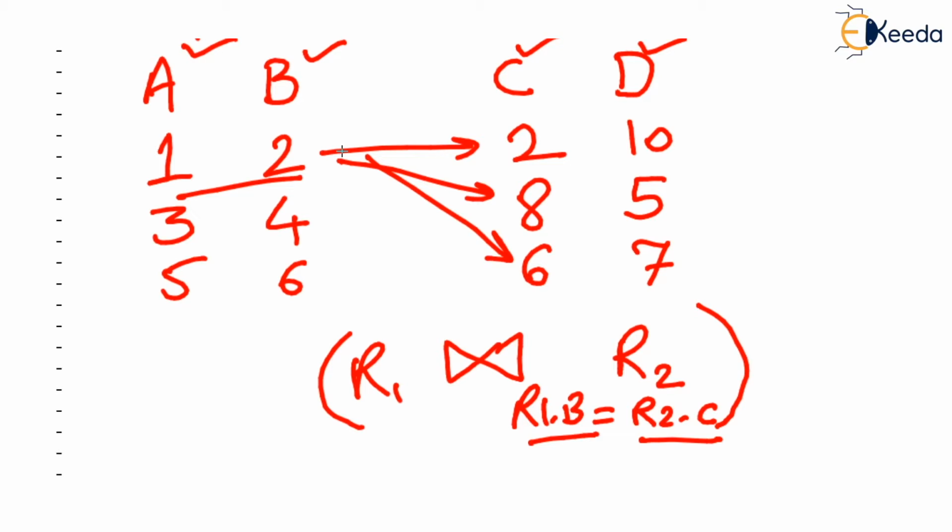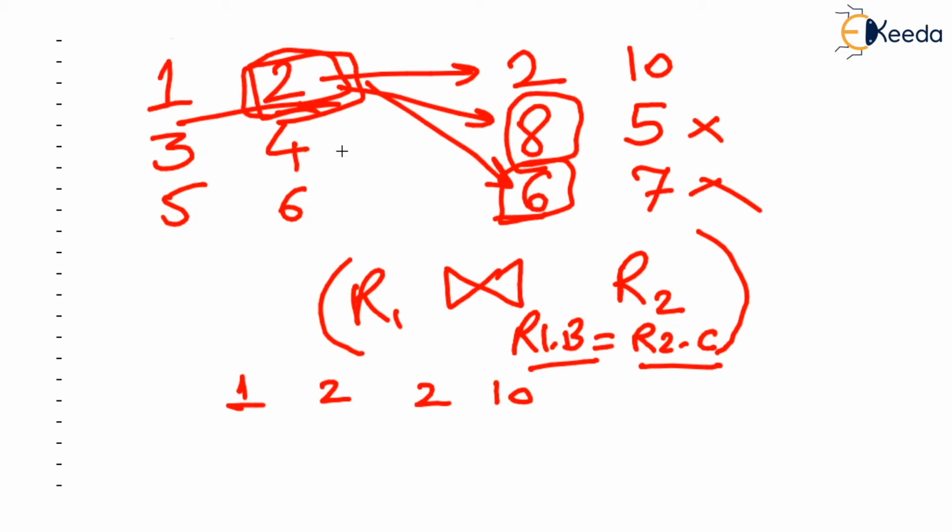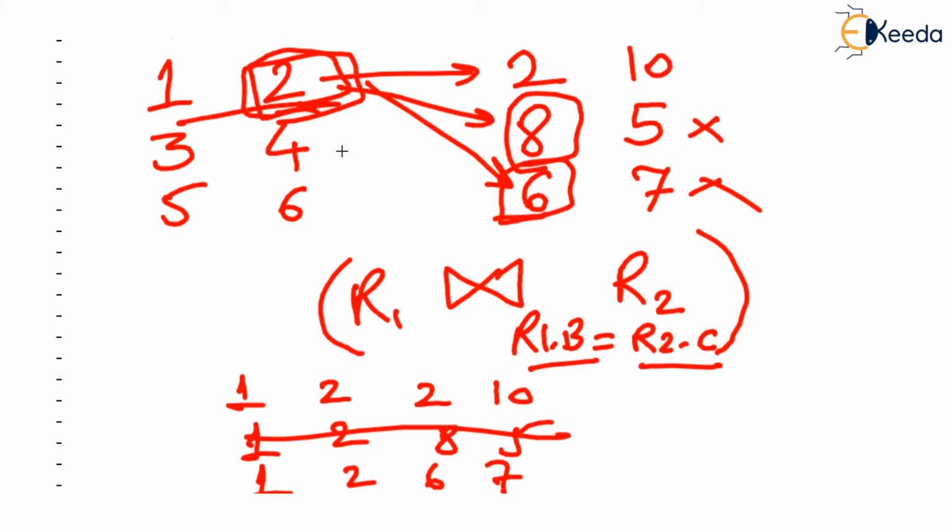But we are interested only in those rows where B is equal to C. So the first row selected will be 1, 2, 2, 10. But observe this 2 is not equal to 8, C, and this 2 is not equal to 6. So these two rows won't be shown along with 1, 2. So basically, 1, 2, 8, 5 does not participate, and 1, 2, 6, 7 does not participate.